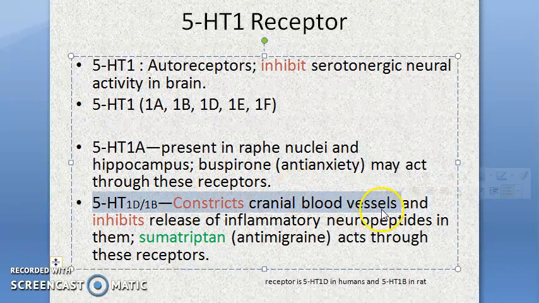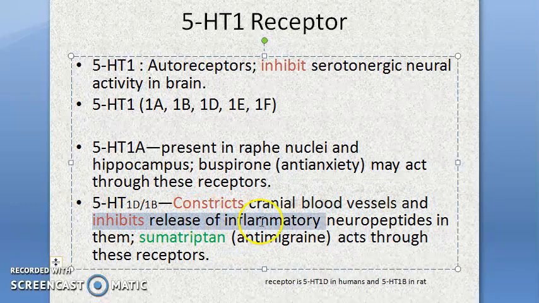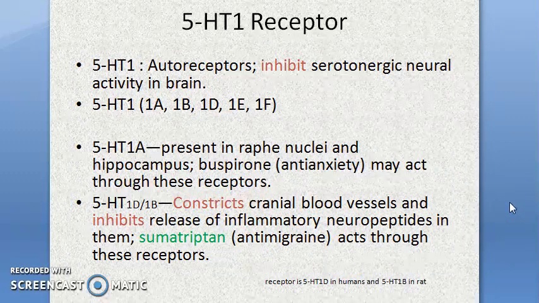It will also inhibit the release of inflammatory materials, if they are there. As it constricts the cranial blood vessels, there will be a little less blood flow to the brain and the throbbing headache will not be there. That's all. So, migraine is treated.